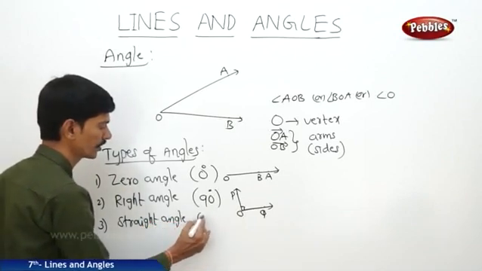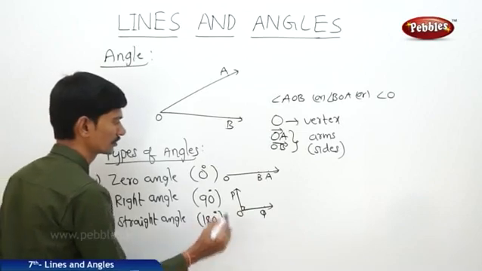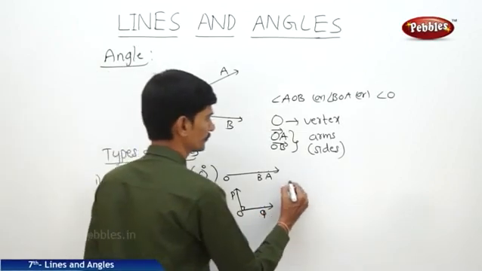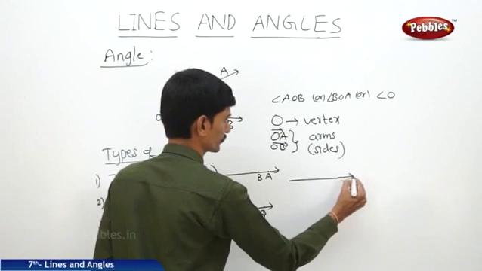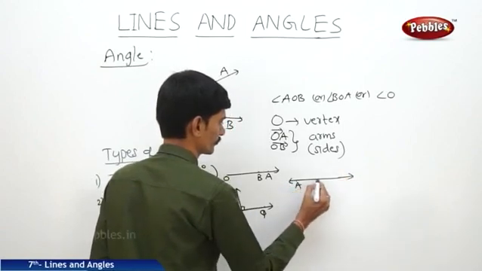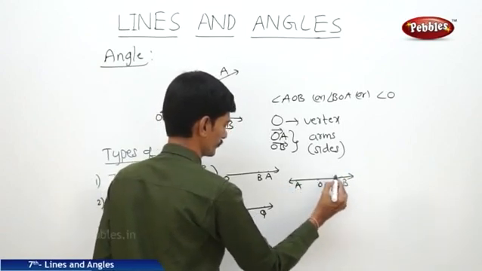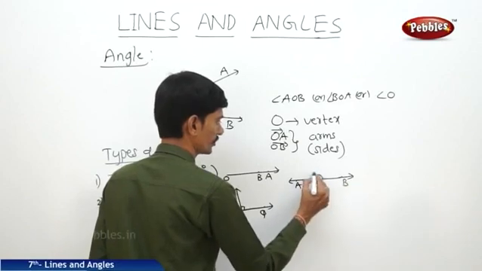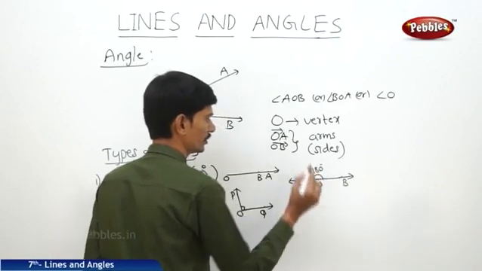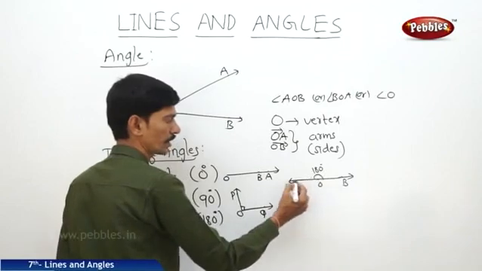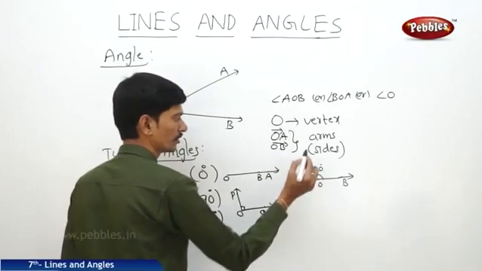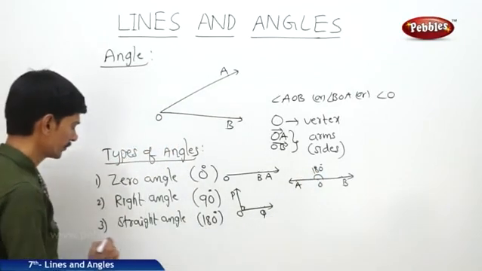An angle whose measure is 180 degrees is called straight angle. So this is a straight line, straight angle is formed here. AOB is a straight line. So angle AOB is straight angle, that is 180 degrees.